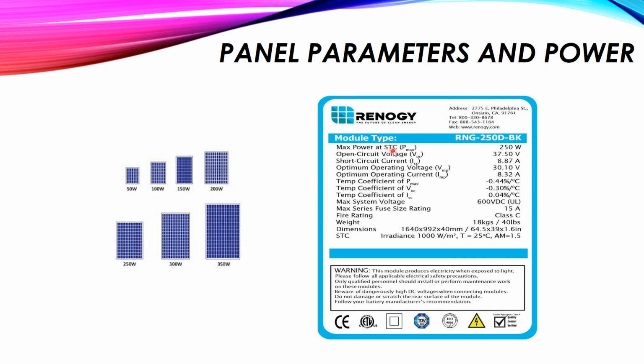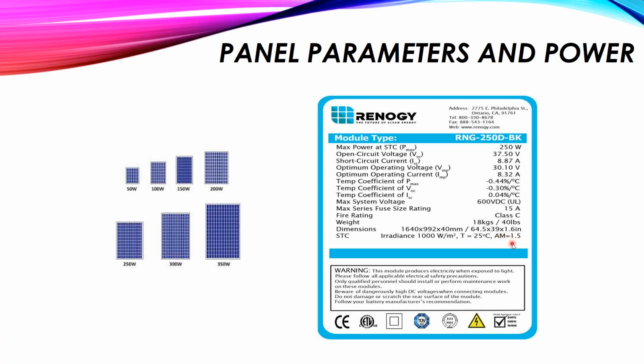What does STC mean? It means the standard test conditions. So what does this mean? It means that we are operating at an irradiance, or solar insolation, or amount of radiation, of 1000 watt per meter square, and at the same time at a temperature of 25 Celsius degree and an air mass of 1.5.